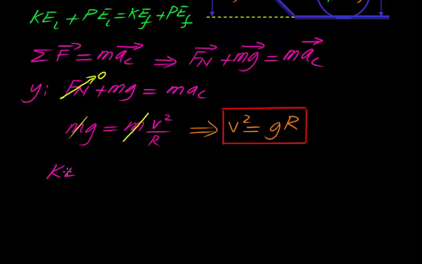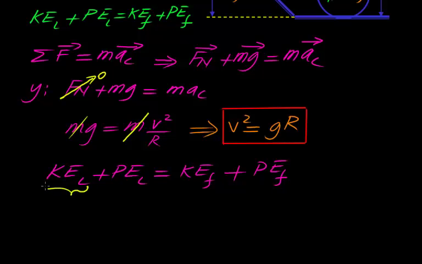The KE initial plus the PE initial equals the KE final plus the PE final. The kinetic energy initial is 0 because the ball is released from rest. The potential energy equals mgh, where h is the height that we are trying to solve for.